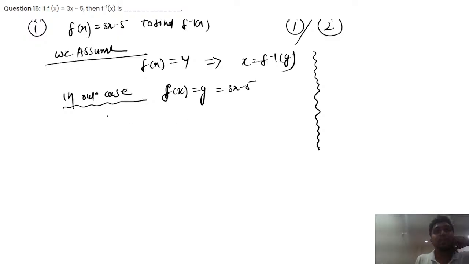So in this question, we know that y equals 3x minus 5. This can be written as y plus 5 equals 3x, and further x can be written as (y plus 5) upon 3.